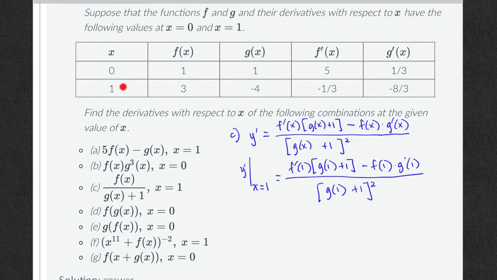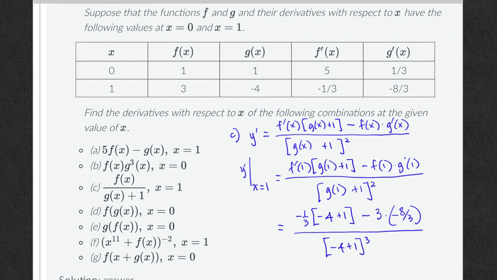F prime of 1 is negative 1/3, g of 1 is negative 4, so f prime of 1, negative 1/3, times g of 1, negative 4, plus 1, minus f of 1, which is 3, times g prime of 1, which is negative 8 over 3, all over g of 1, negative 4, plus 1, squared.